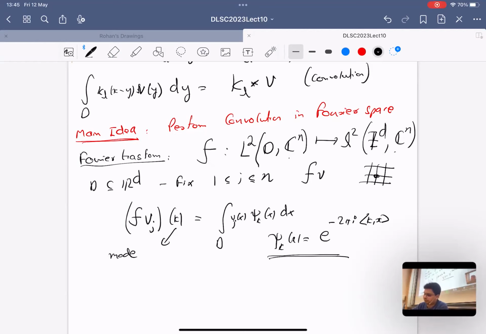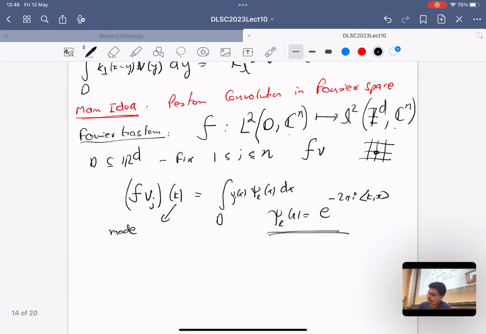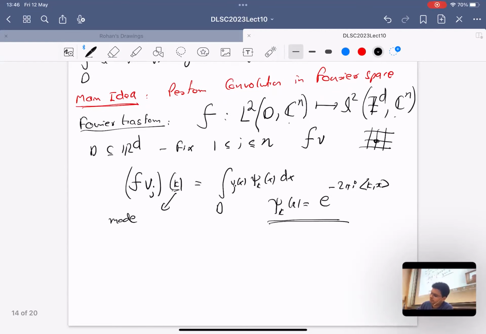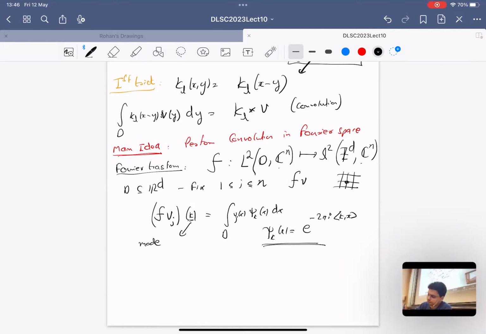So this is the Fourier transform, and then the range itself, the target, takes values on the lattice, right? So at each point on the lattice, you have this. Now the inverse Fourier transform, that's also a very important object. In other words, given a function, you break it down into its harmonics. That's the Fourier transform.